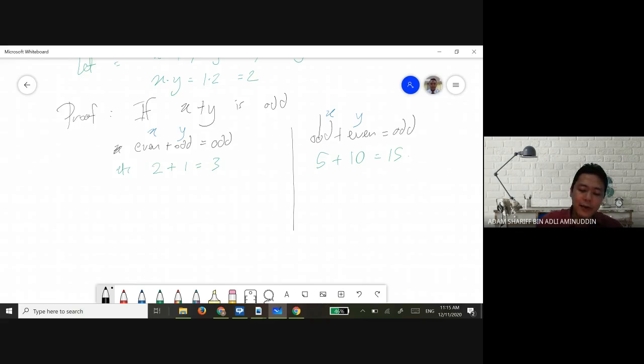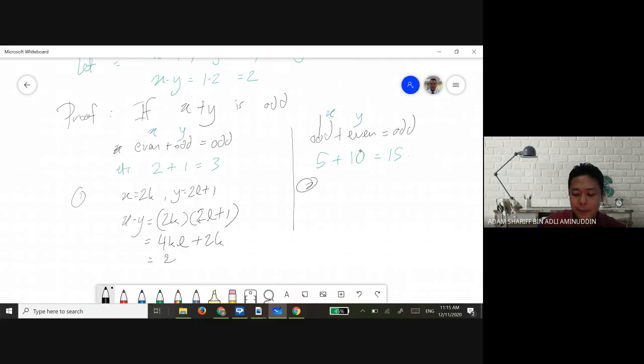So we can, for the first case, X equals to 2K and Y equals to 2L plus 1. So we multiply it, X times Y becomes 2K times 2L plus 1 becomes 4KL plus 2K. Seems familiar, right?